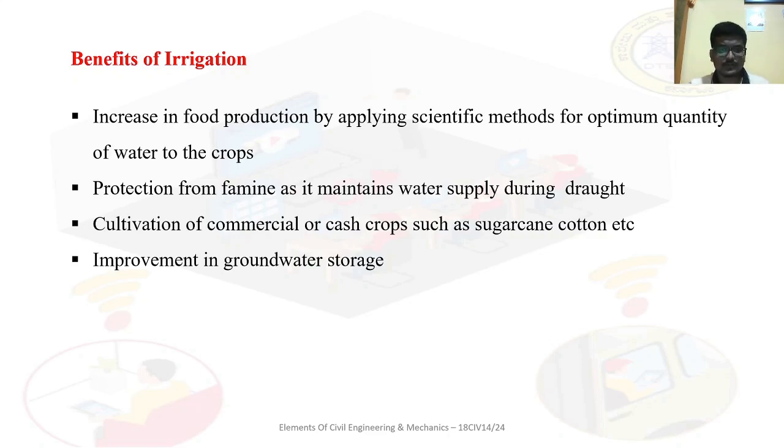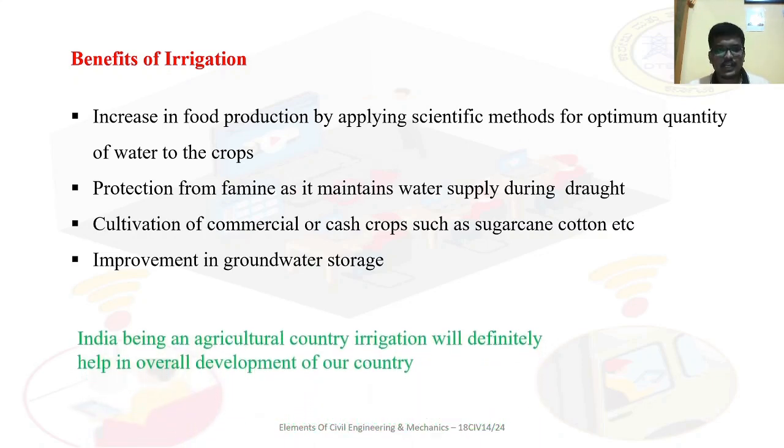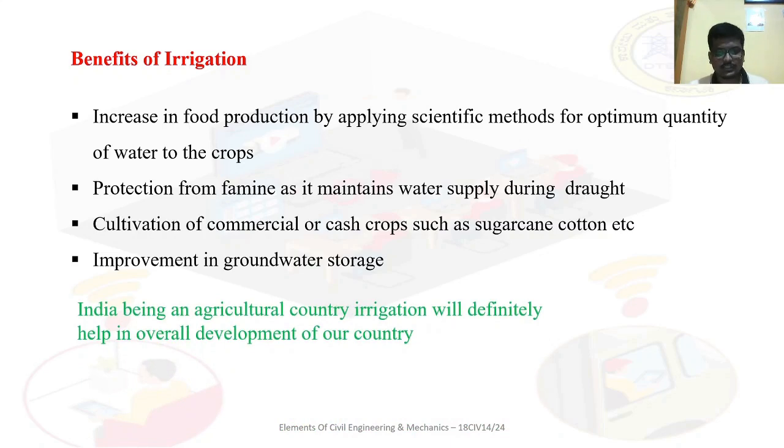Cultivation of cash crops such as sugarcane, cotton, etc. can be grown. Improvement in groundwater storage can be seen wherever we have an irrigation project. India being an agricultural country, irrigation will definitely help in the overall development of our country.